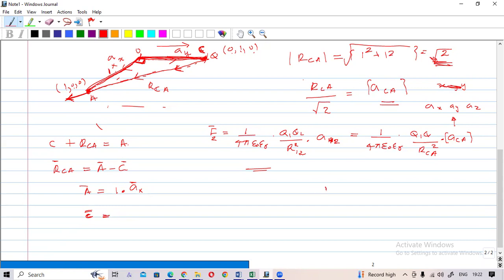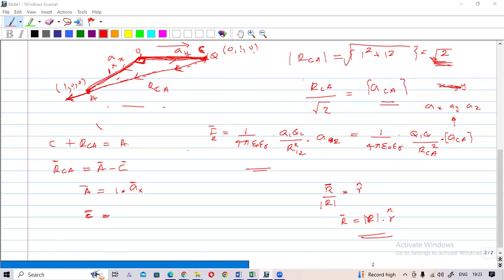If you have a vector R and you divide it by the magnitude of R, you will get the unit vector R hat. Then your vector R is equal to the magnitude of R into R hat.